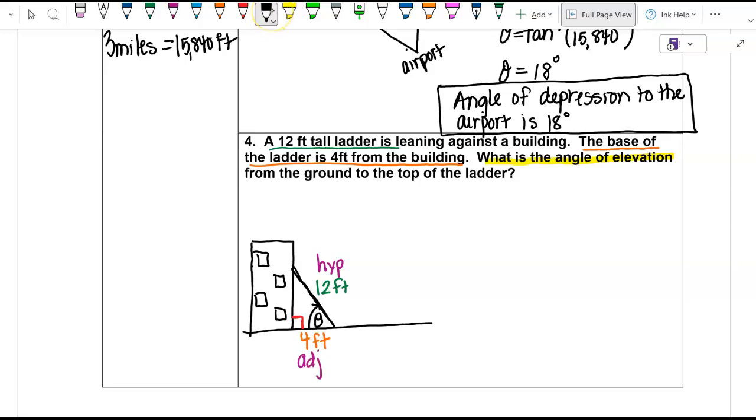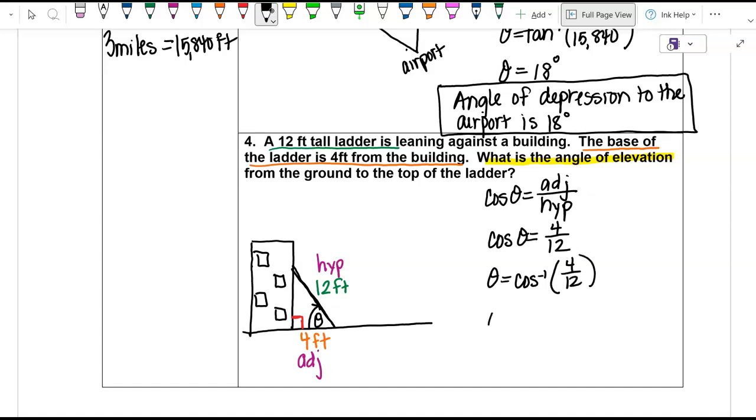So which of my functions deals with adjacent and hypotenuse? The cosine of theta is equal to adjacent over hypotenuse. So the cosine of theta equals 4 over 12. Again, I'm looking for the angle, so I have to use the inverse. So theta is the inverse cosine of 4 over 12. And we are rounding to the nearest degree.